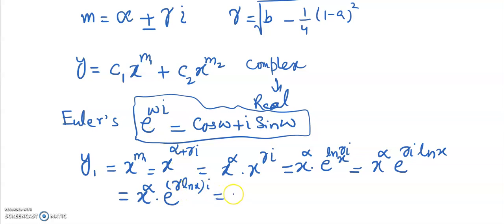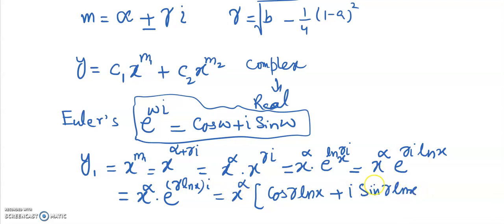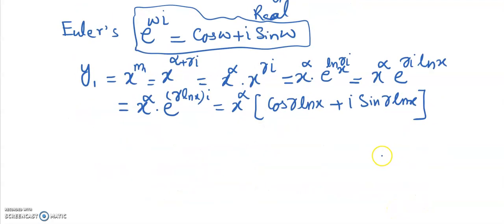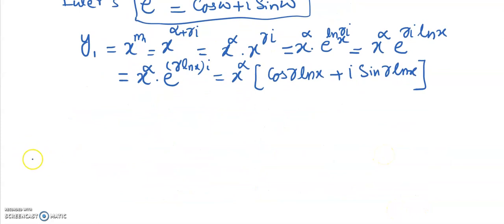So we can write x to the power alpha in terms of this: cosine of gamma log of x plus iota sine of gamma log of x. So we have got this expression for y1.